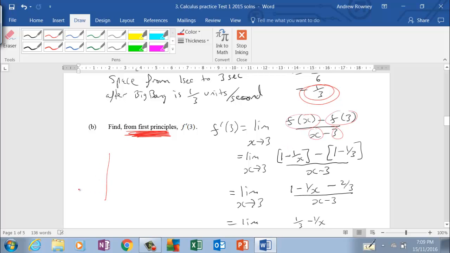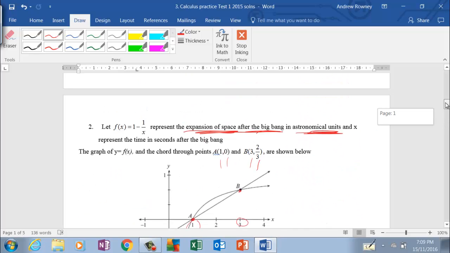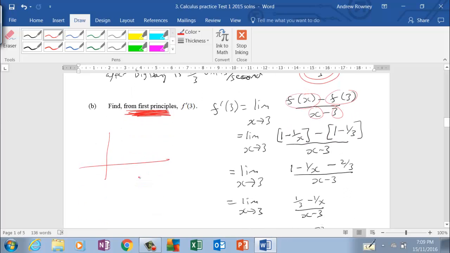This is where we've got the function. In this case, if we look at the function there, it's bending like this. And so this point here is 3, f of 3. But we make up a point over here, x, f of x. And so what we do is we send this second point towards the first point.